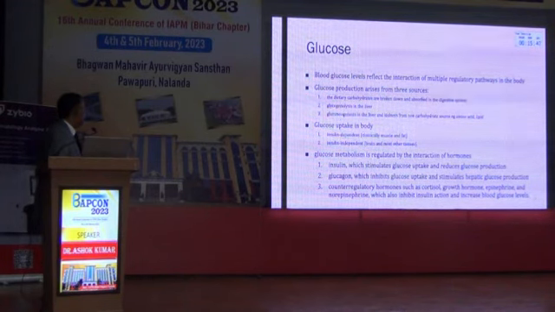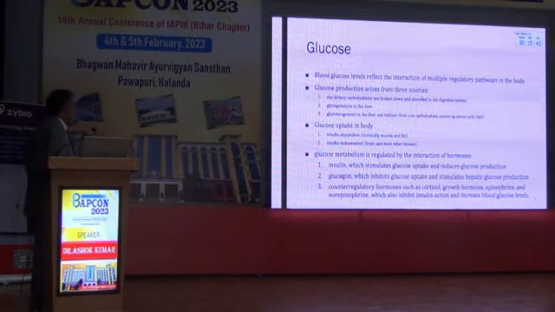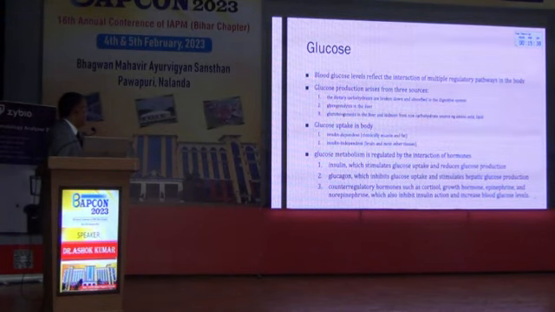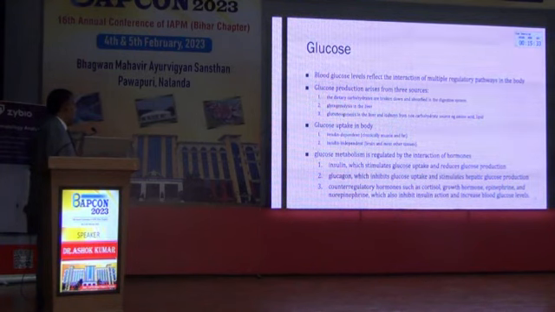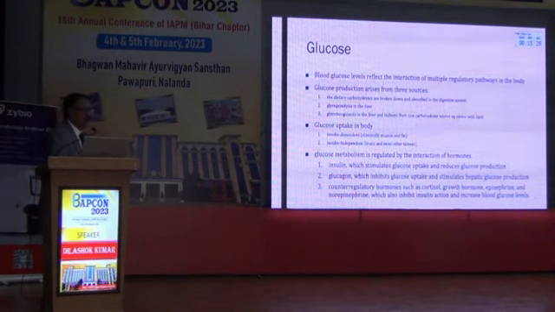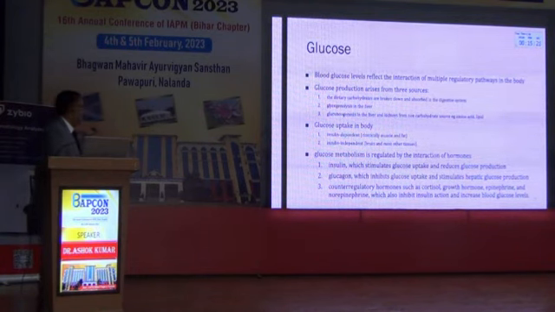Glucose metabolism is regulated by 3 interactions of hormones: insulin, which stimulates glucose uptake and reduces glucose production; glucagon, which inhibits glucose uptake and stimulates hepatic glucose production; and counter-regulatory hormones such as cortisol, growth hormone, epinephrine, norepinephrine, which also inhibit insulin action and increase blood glucose levels.